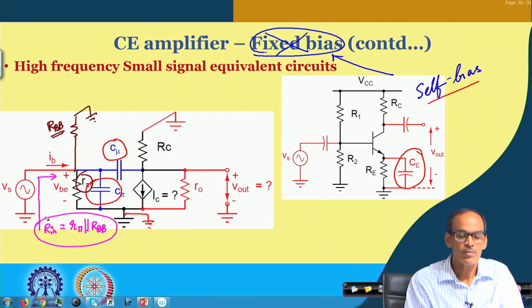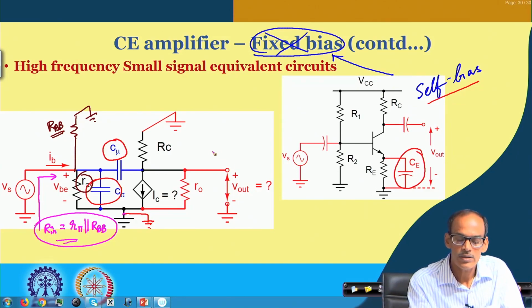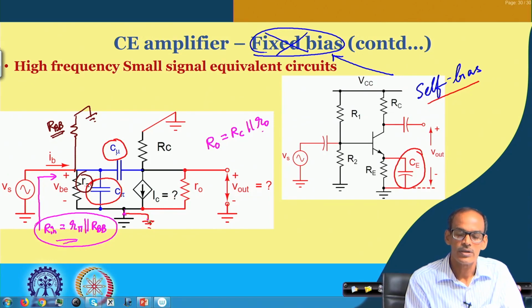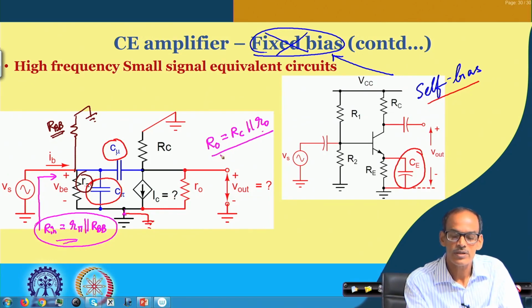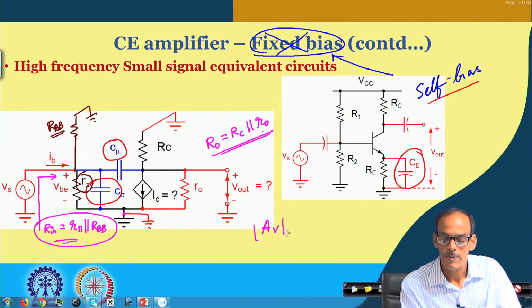That may not be a good thing, but to get the gain back at the cost of this input resistance, we need to ground this one. The other consequence is that the output resistance is RC in parallel with RO. We do not have the other big terms with Re, because the emitter node is grounded. So these are the two changes. Of course, the corresponding voltage gain AV now becomes gm into RC.